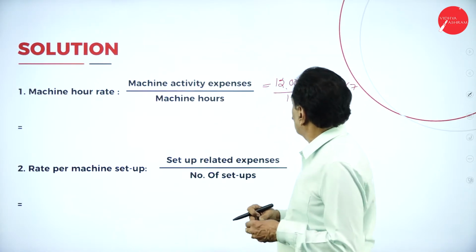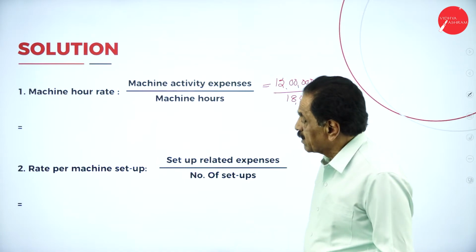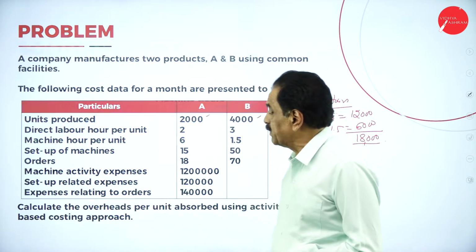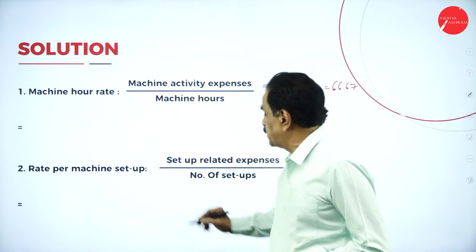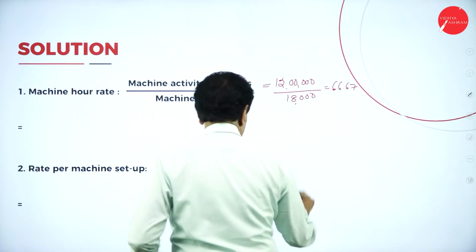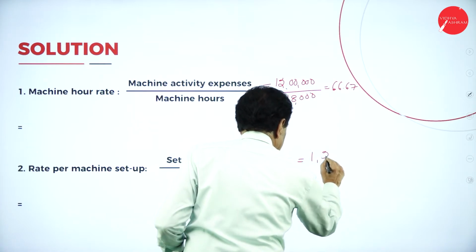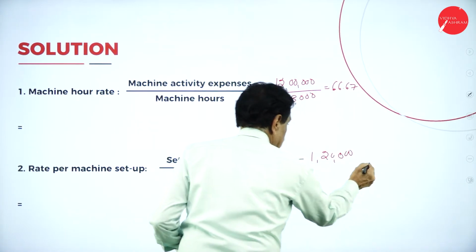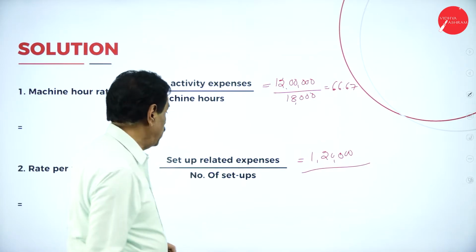One activity is over. Second comes setup related expenses, rate per machine setup. Setup related expenses: how much? 1,20,000. This is the expenditure you got, 1,20,000.